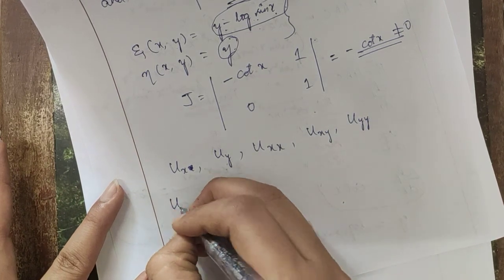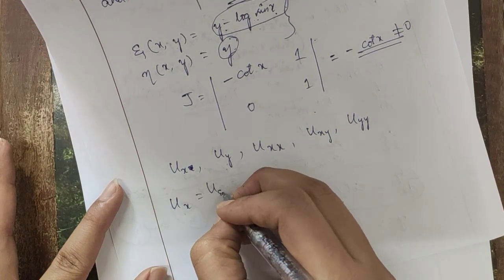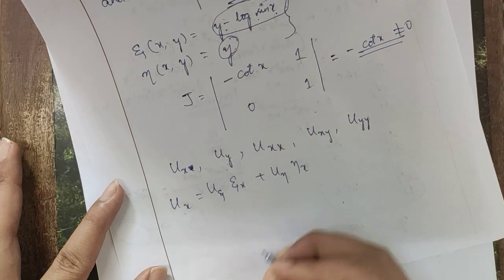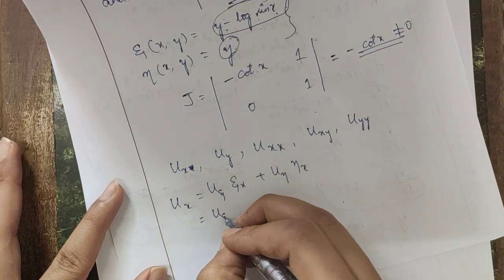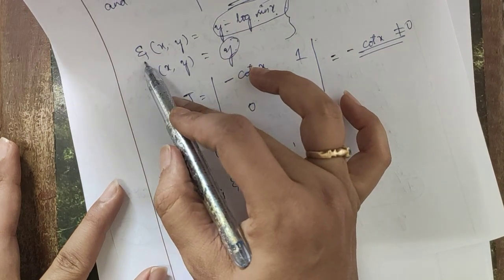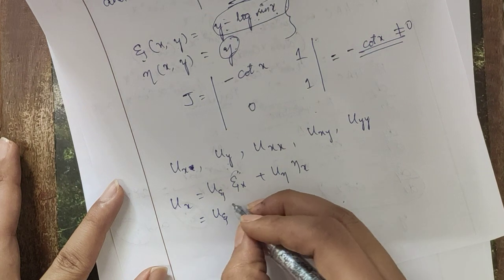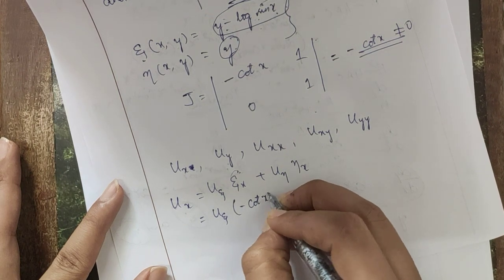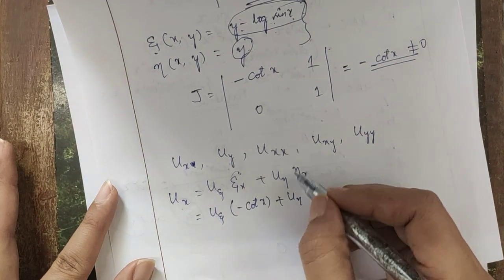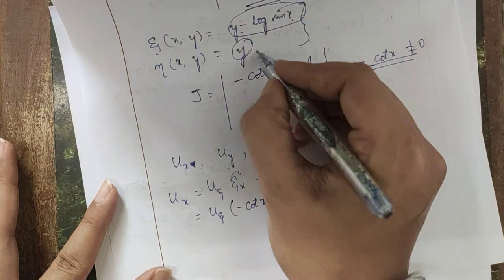Okay, ux is nothing but u xi into xi x plus u eta into eta x. I will retain u xi as it is. What is xi x? We have to differentiate xi with respect to x. So you will get minus cot x, plus u eta I will retain as it is. What is the differentiation of eta with respect to x? It is 0.